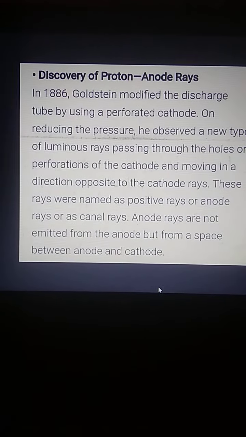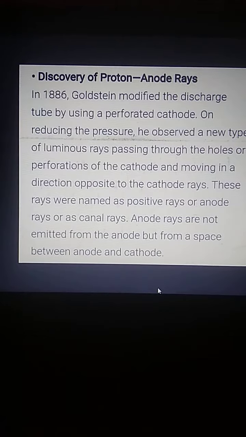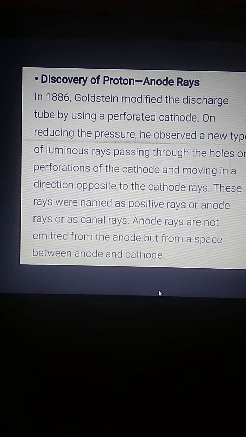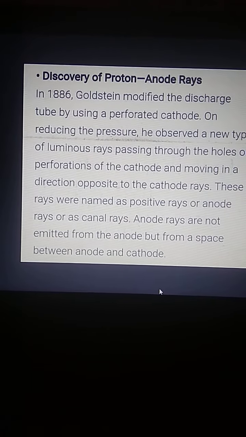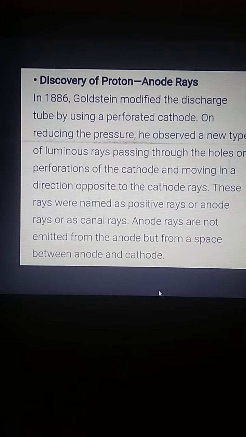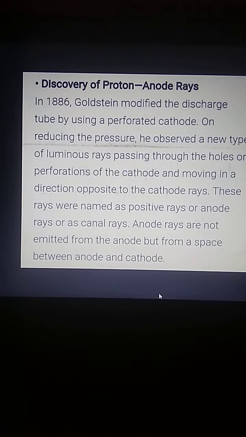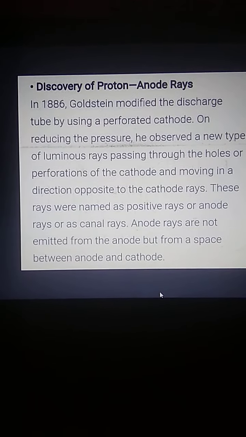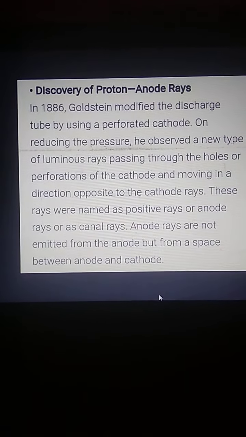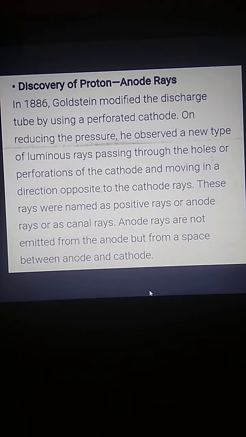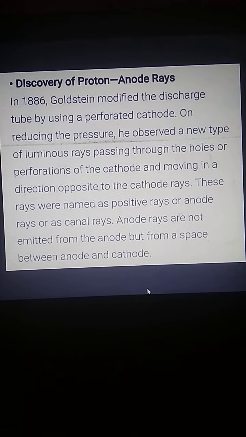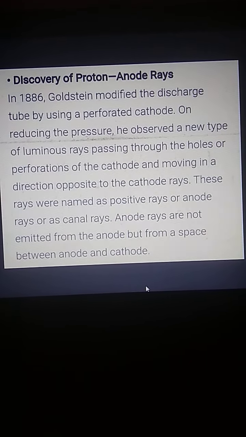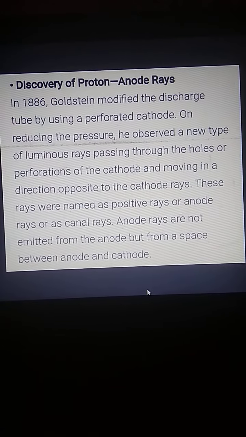Now next is the discovery of the proton. The electron was discovered by J.J. Thomson. The proton was discovered by E. Goldstein. For the discovery of the proton, that is anode rays, the same discharge tube experiment was done, but in cathode rays a perforated anode was used, whereas in the case of anode rays a perforated cathode is used.